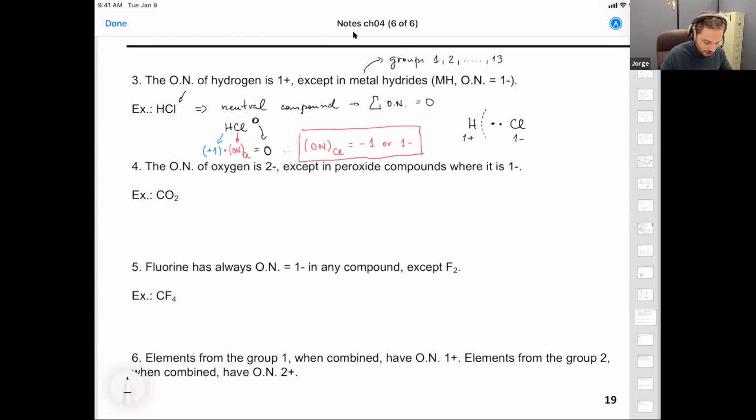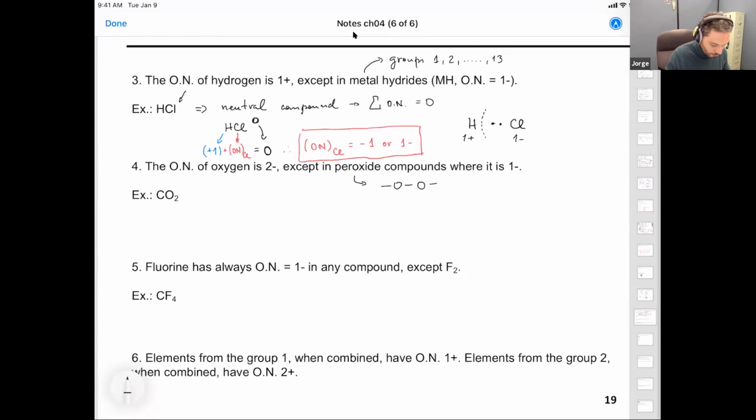The exception is when we have a peroxide compound, and peroxides are defined as compounds that have oxygen bonded to oxygen. I don't want you to worry about the exception because I will not cover it here. Let's deal with most cases, when the oxidation number of oxygen is 2 minus.